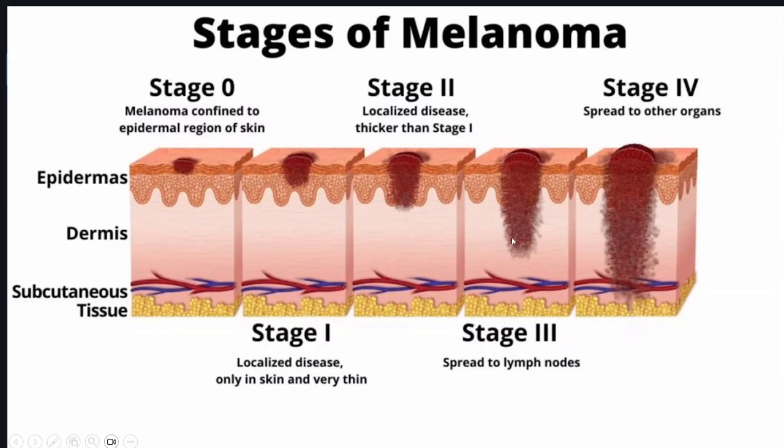So once it enters the dermis, it's sure going to spread to regional lymph nodes, and from the blood vessels it can even metastasize anywhere, to your brain, to your liver, anywhere. And stage 4, when it has spread to other organs. So these are the stages in a very, very simple form that I have given you.